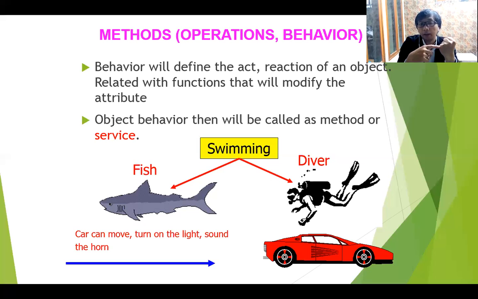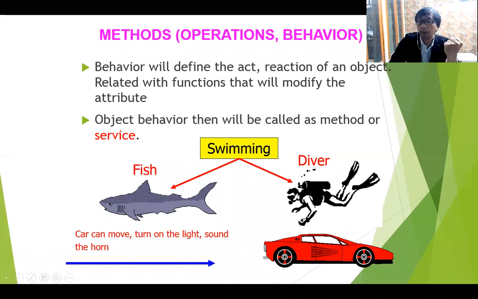Okay, so what this statement means is you have a function that can modify the attribute of the object, besides the other activity that can describe the behavior of the methods.